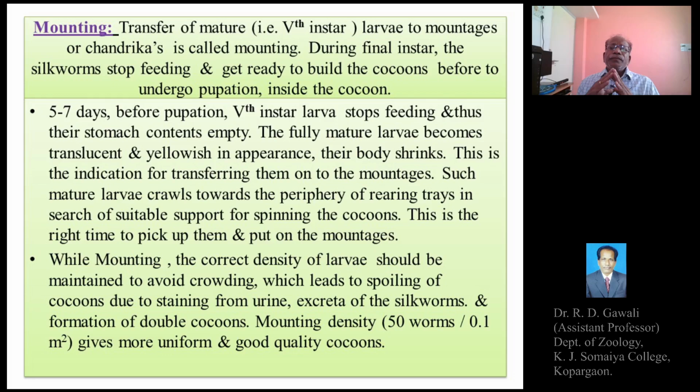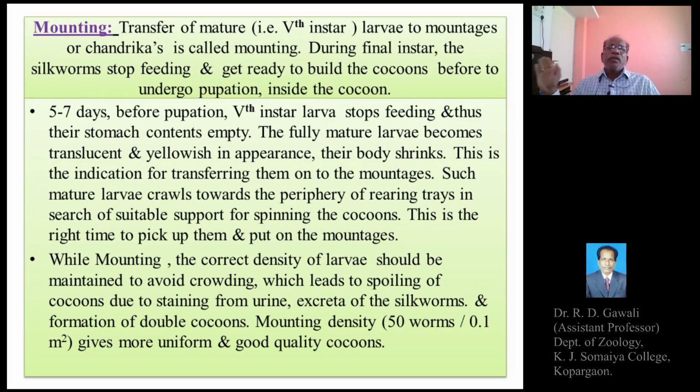At about the maturation of the larvae at the fifth instar stage, the larvae spin their cocoons themselves around their body, and that's why these fifth instar or mature larvae should be transferred to the mountages or chandrikas for spinning activity, and this is called mounting.